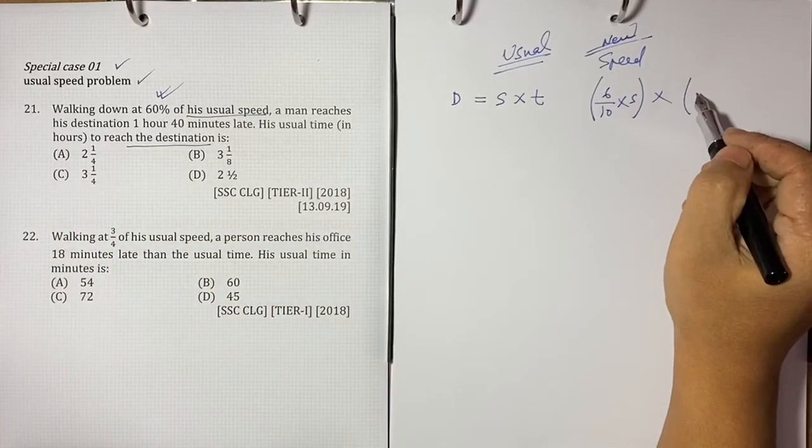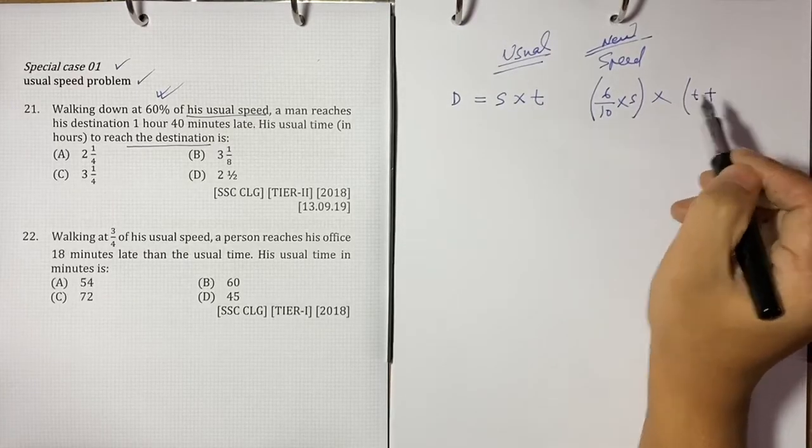He reaches his destination 1 hour 40 minutes late, so the new time is usual time plus 1 hour 40 minutes.